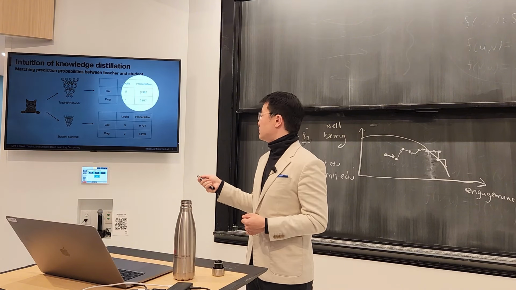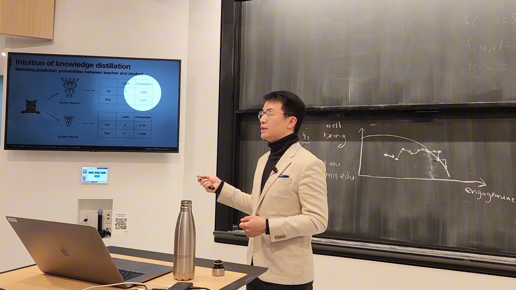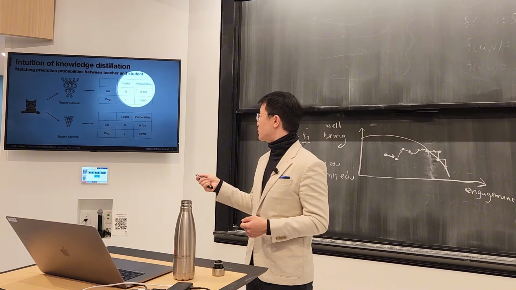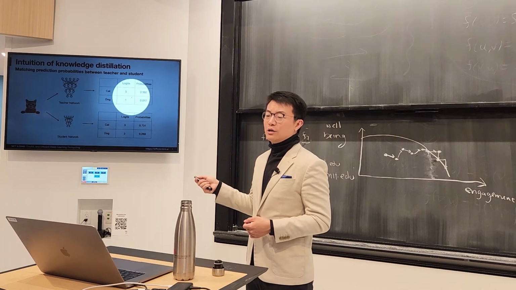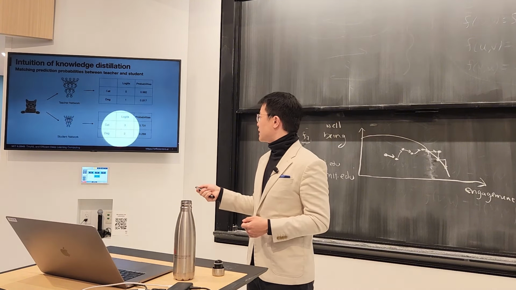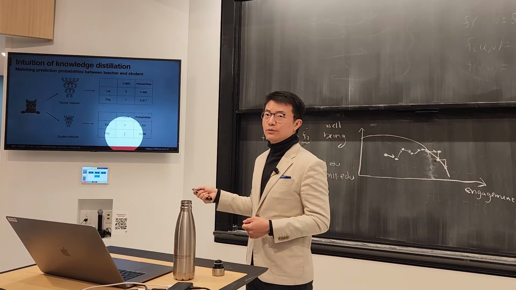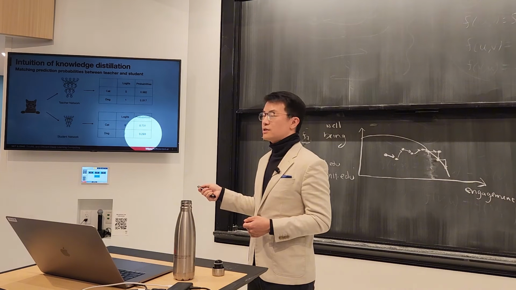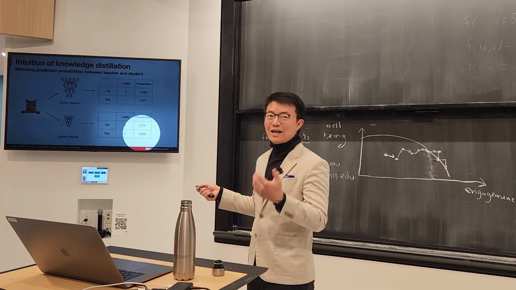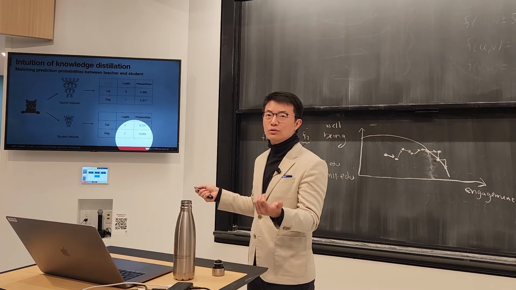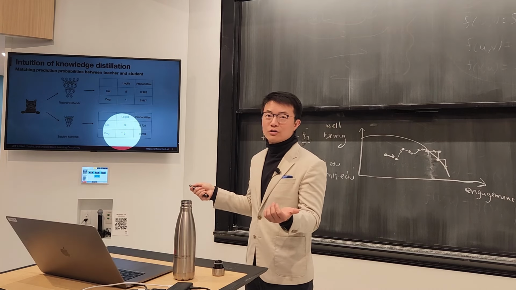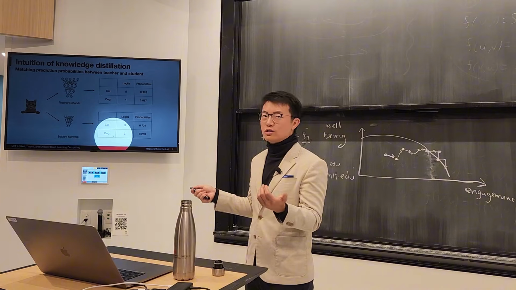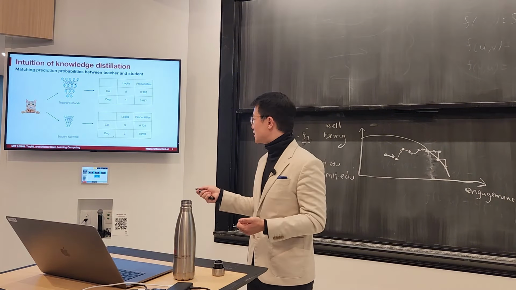And if we normalize them after softmax, the probability is 98% versus 1.7%. So the teacher model strongly believes this is a cat. Versus the student network, the logits are 3 and 2. If you do the softmax, the probability is 73% versus 26%. The classification is still correct, so we don't have any loss coming from the cross entropy loss. Cross entropy loss is 0 because the prediction is correct.